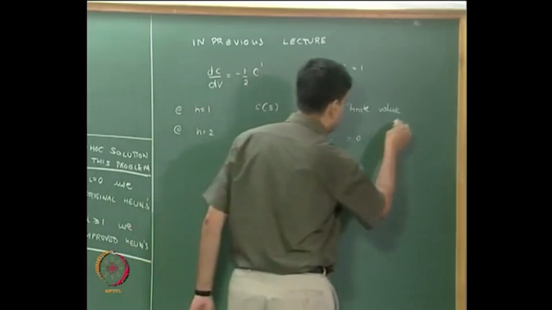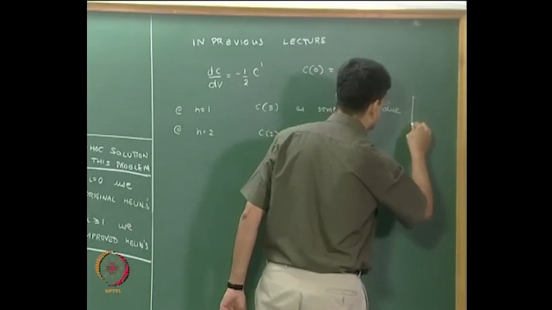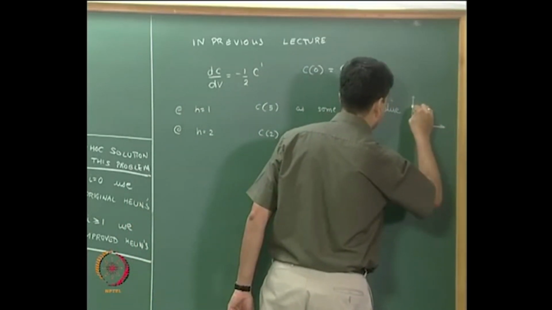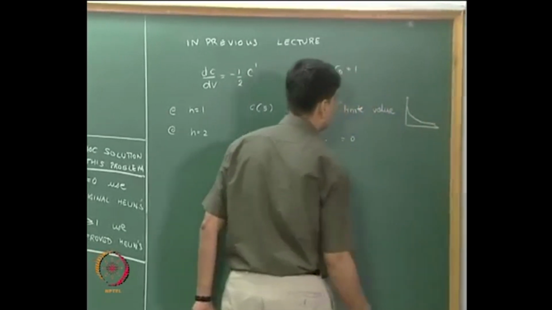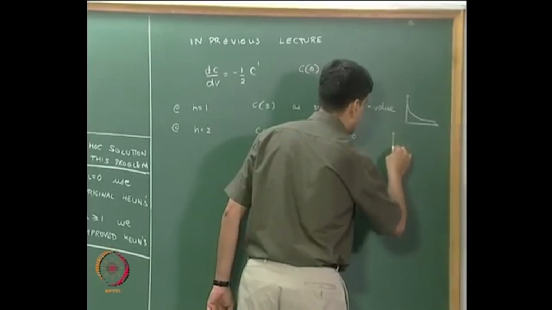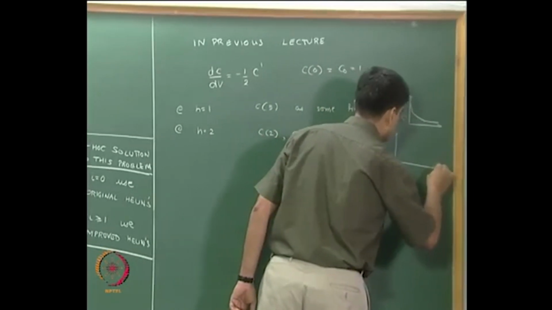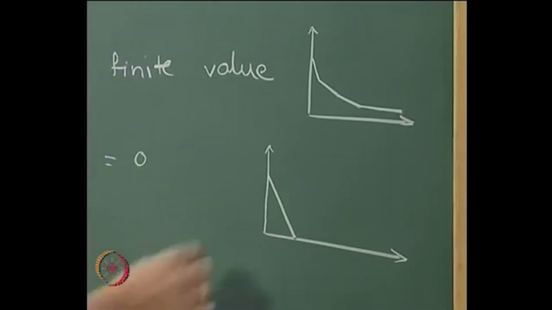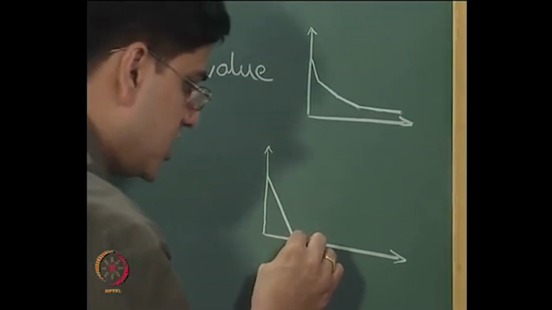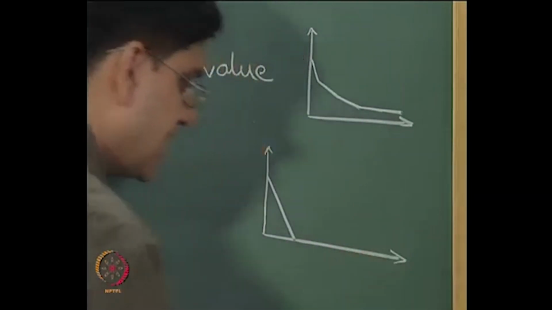So what we saw happening with h equal to 1 was something of this sort. What we saw at h equal to 2 was that in one step itself the solution came to 0 and then stabilized at 0.